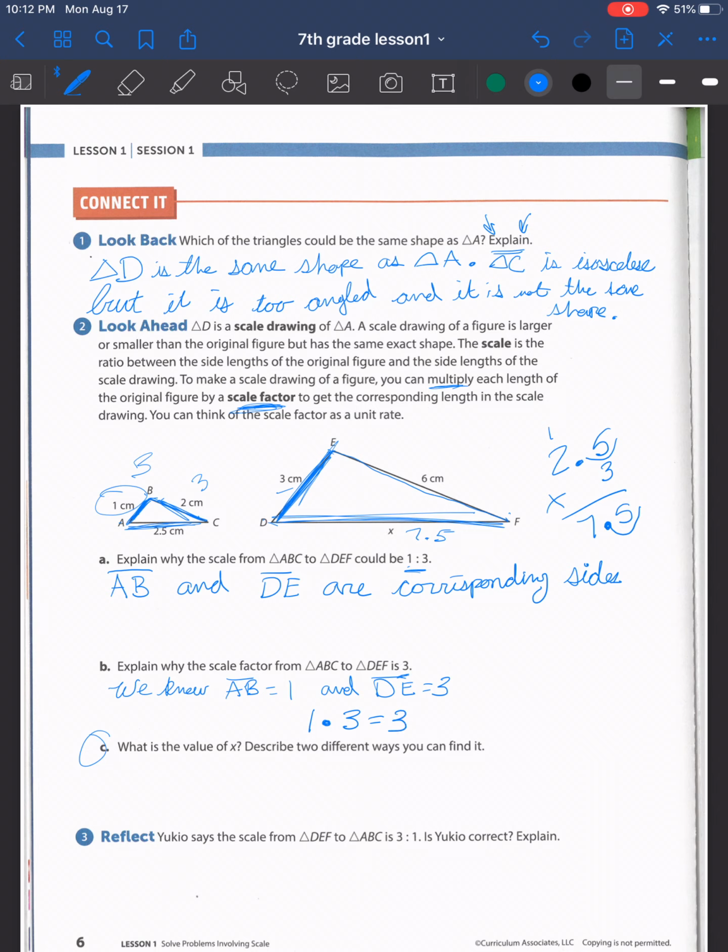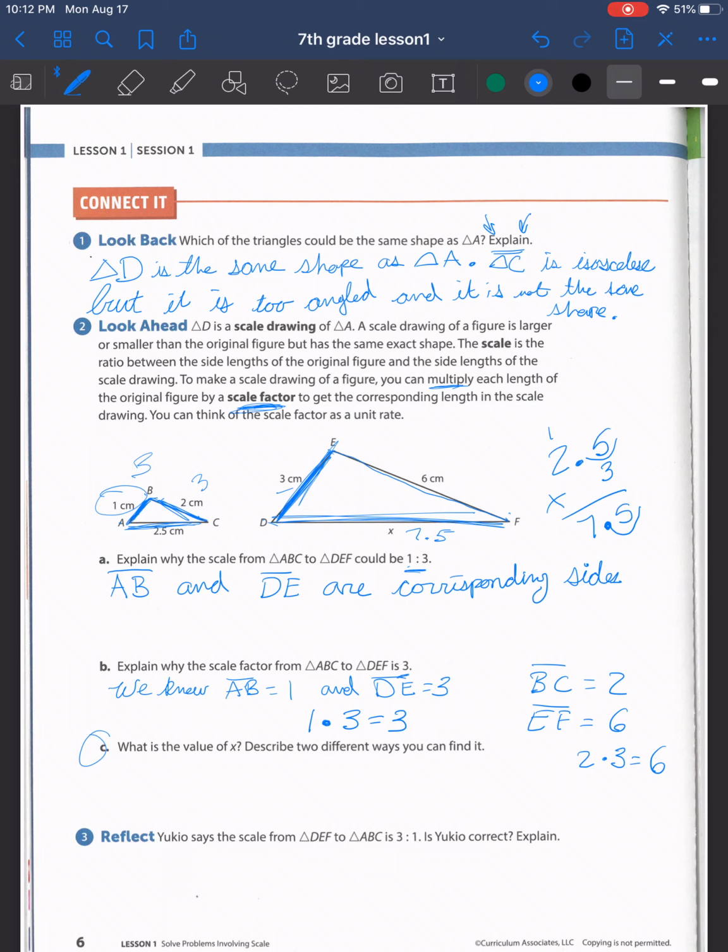Okay? So we can just use that as our explanation. That's how we figured it out. You could also throw in there that we know that BC is equal to 2 and EF is equal to 6, and we know 2 times 3 equals 6.